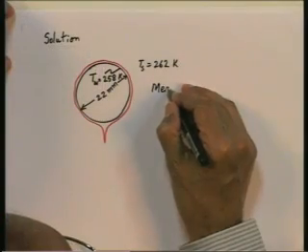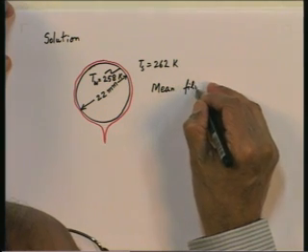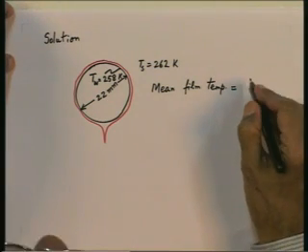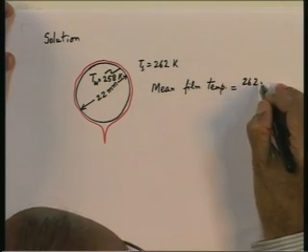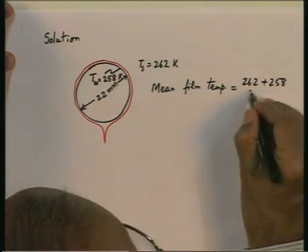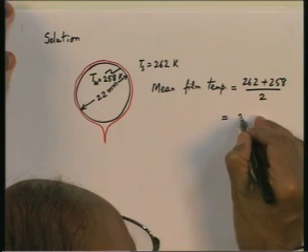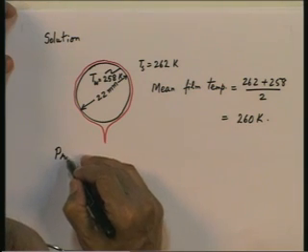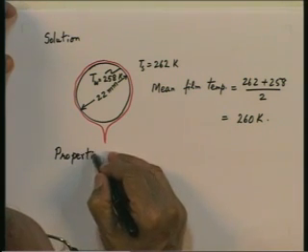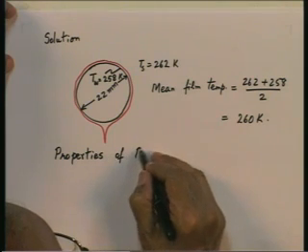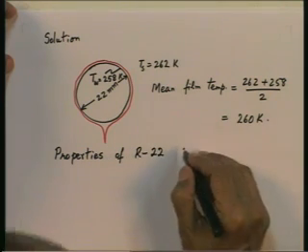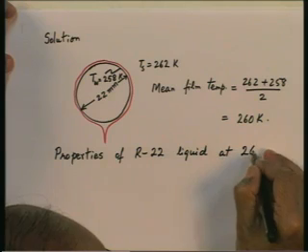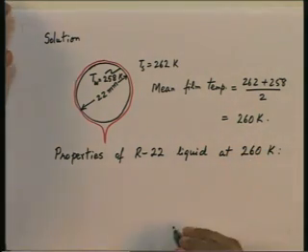Mean liquid film temperature, mean film temperature is equal to 262 plus 258 divided by 2, that is equal to 260 K. Properties of R22 liquid, refrigerant 22 liquid at 260 K. We have to look these up in the tables for R22.